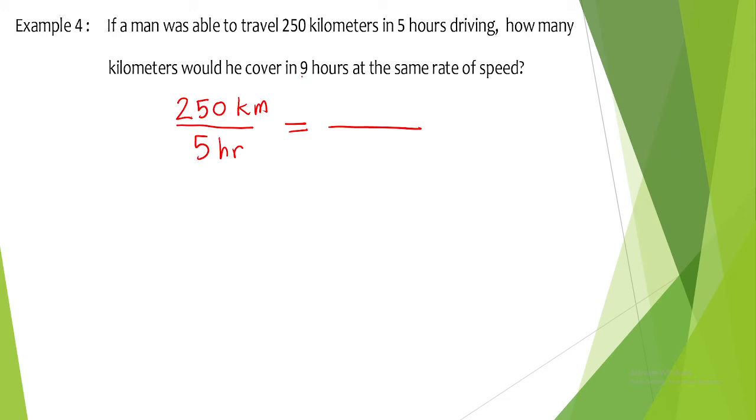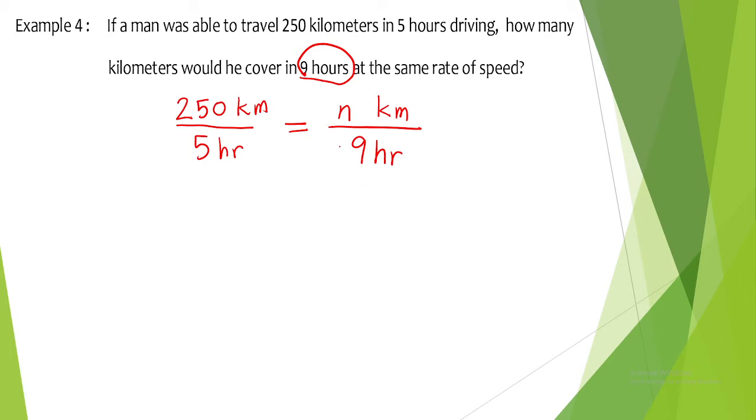Where do I put 9 hours, on top or at the bottom? At the bottom, because in our given, hours is written below. So 9 hours is below. What do I put on top? N kilometers. You can also use x kilometers; you can use any variable.